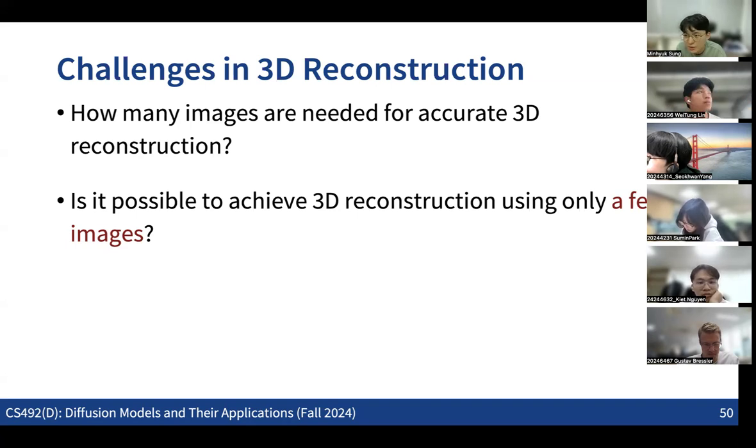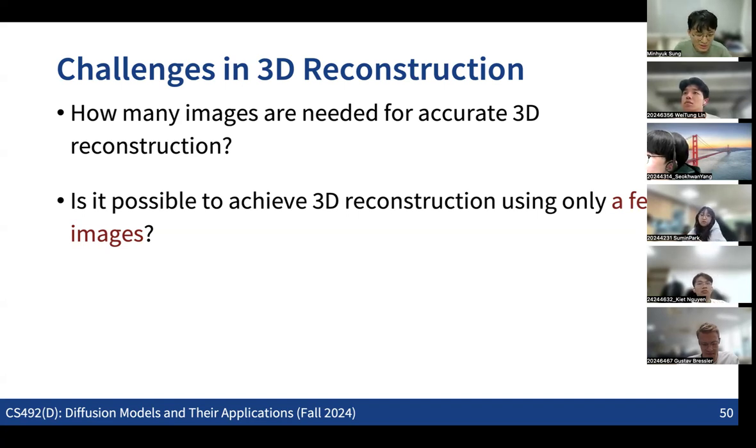But the question is, even with a very small number of images, like 10 images, 5 images, or 3 images of the same object or scene, how can you still get good quality 3D reconstruction? That is one of the questions in 3D reconstruction.